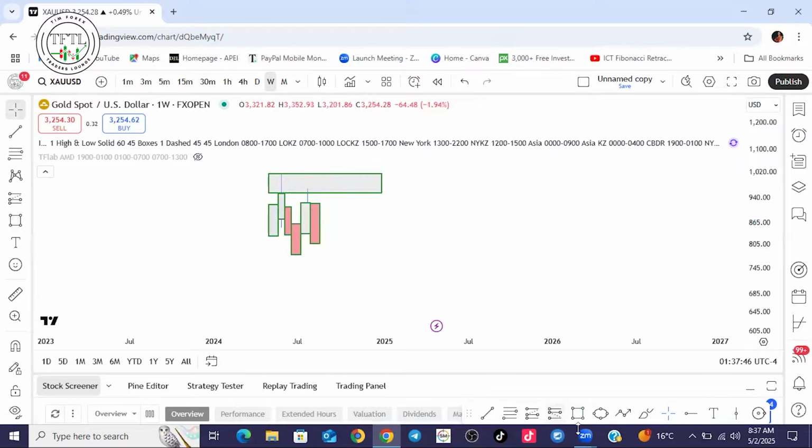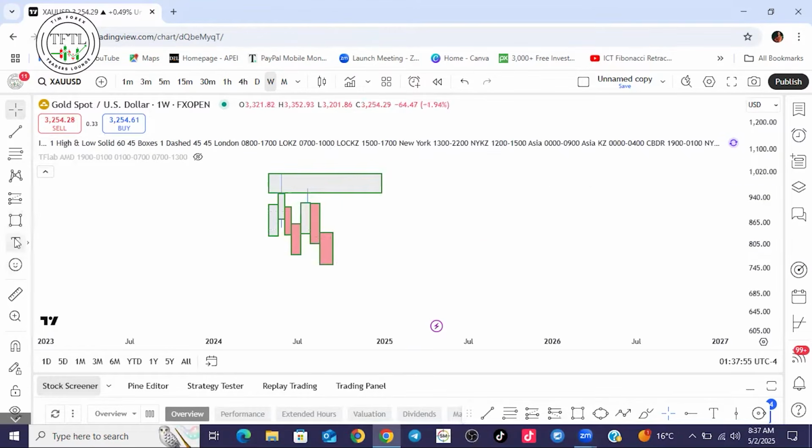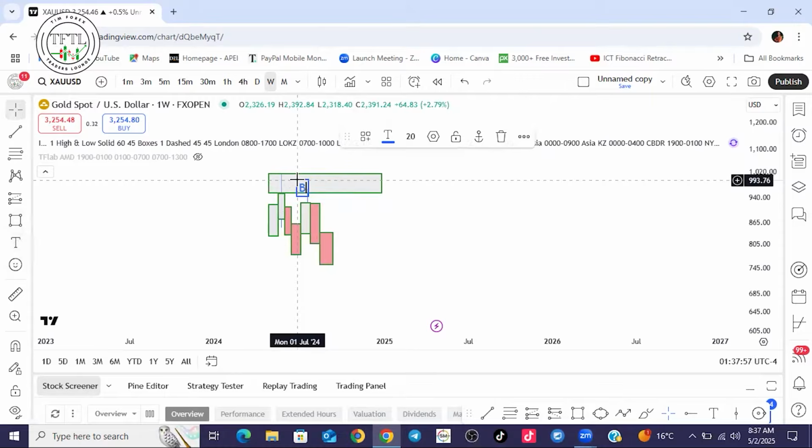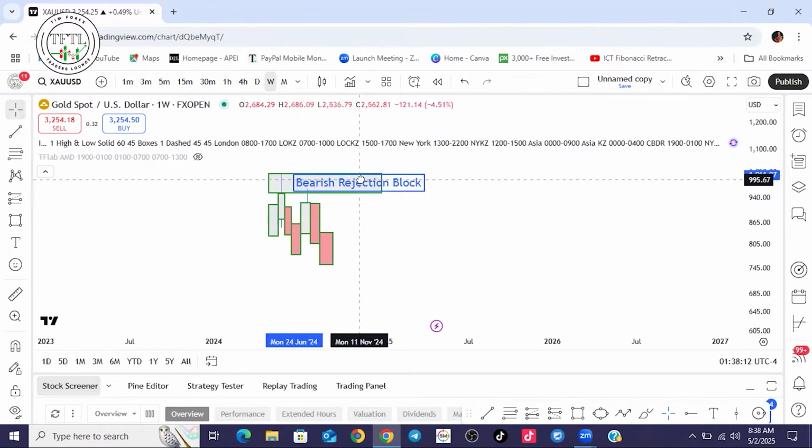In ICT, this is what we are calling a bearish breaker block, not breaker block, but bearish rejection block. That's a bearish rejection block.